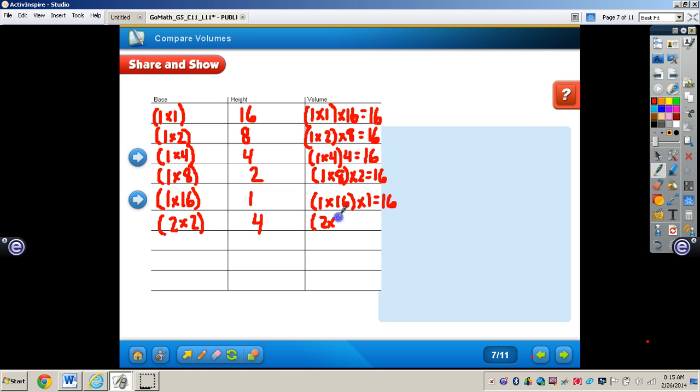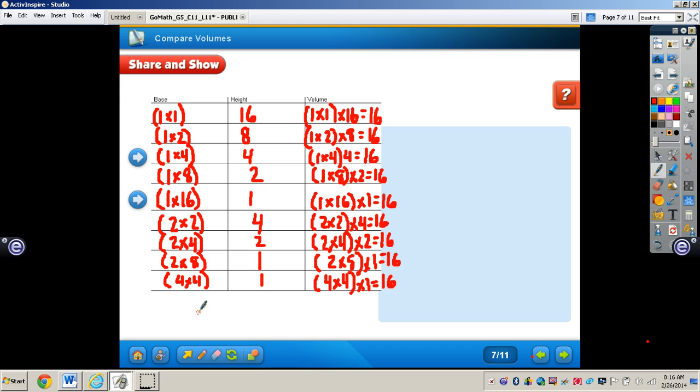So 2 times 2 times 4 will give us 16. I'm sorry, a length of 2 and a width of 4, and then a height of 2.